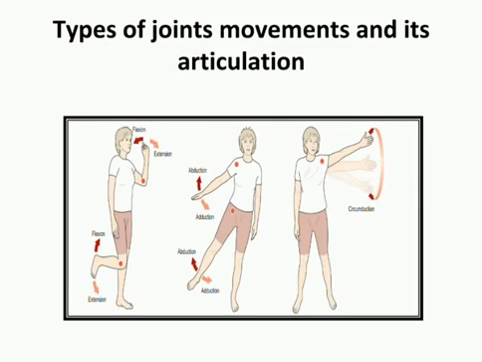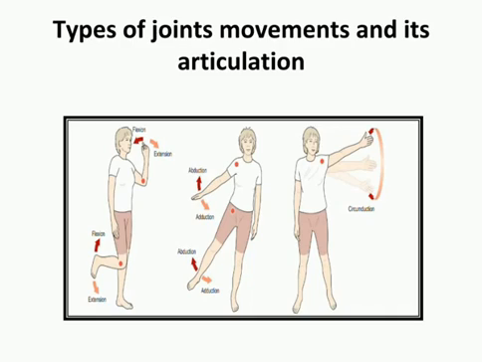Now these are certain movements which are present around a joint. In the first figure you can see flexion and extension. Flexion means bending, usually forward but occasionally backwards. Extension means straightening or bending backwards.